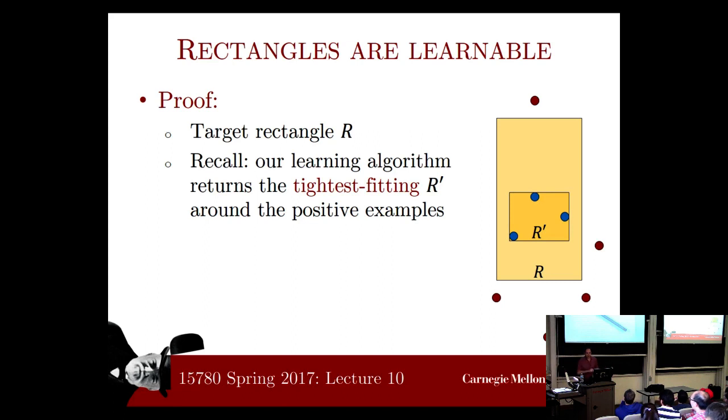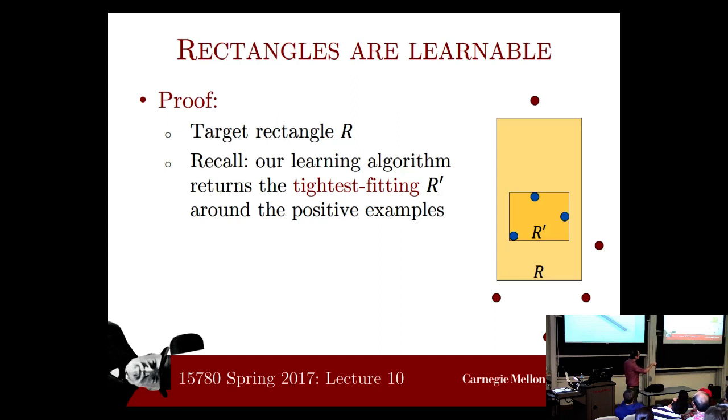So here's the proof. We have a target rectangle R, which is our target function. It perfectly separates the positive examples from the negative examples in the world. Our learning algorithm returns the tightest fitting rectangle, which we'll call R prime, around the positive examples. So look at the illustration. We have 8 examples overall in our training set Z. 3 of them are positive, 5 are negative.